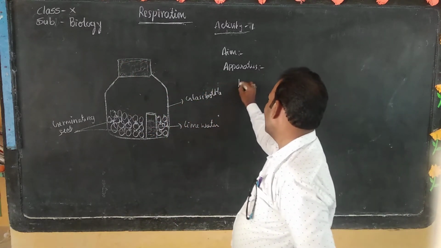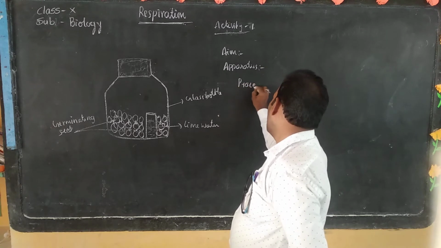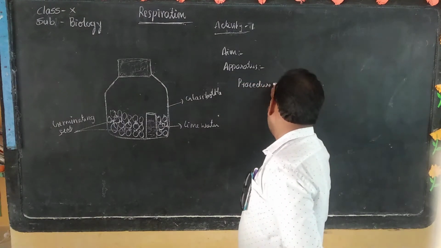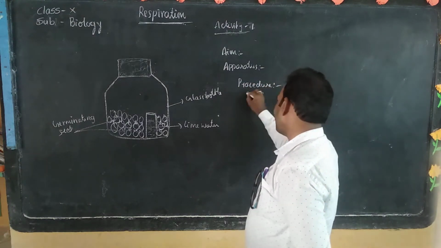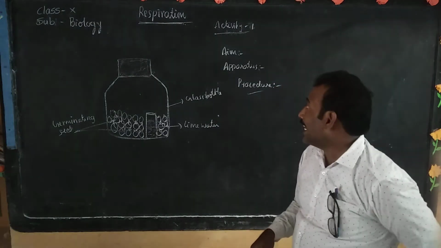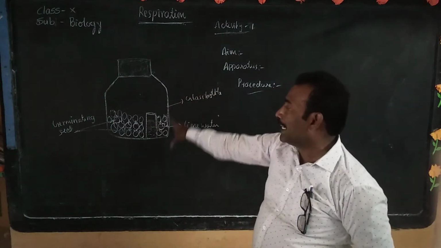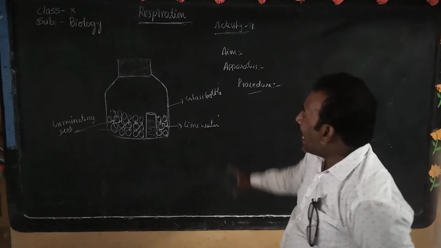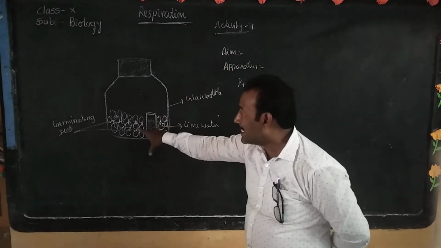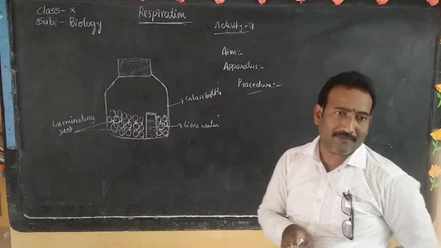Next, procedure. What is the procedure? First, you take one wide mouthed glass bottle and keep a few germinating seeds into the bottle.